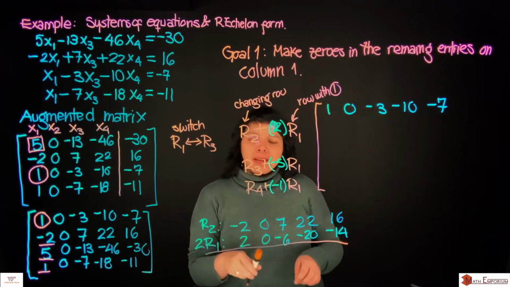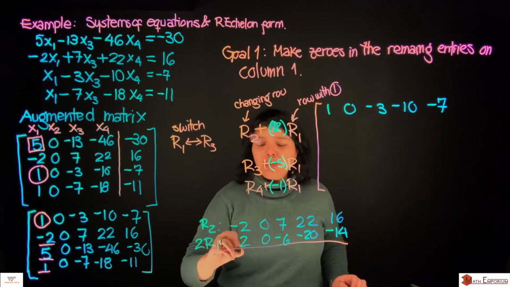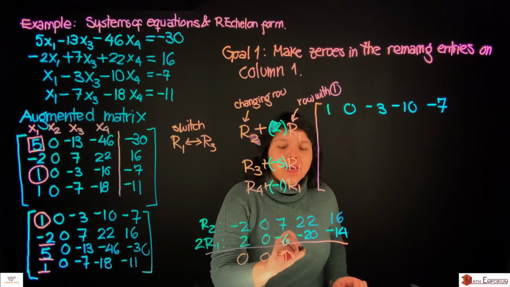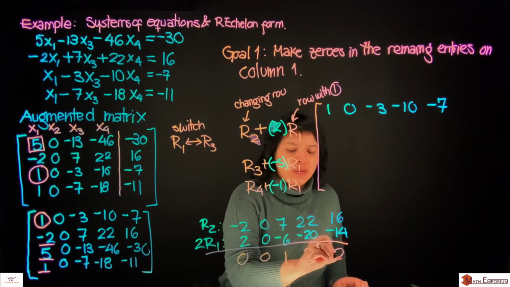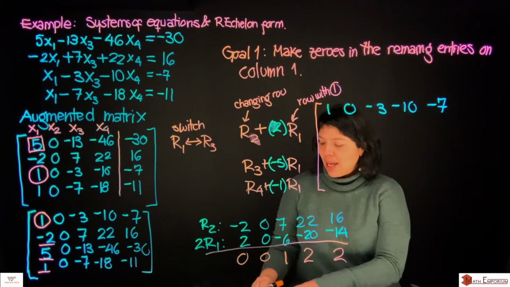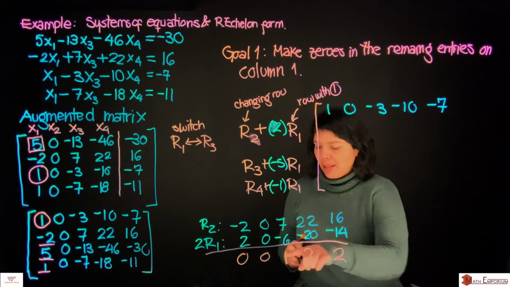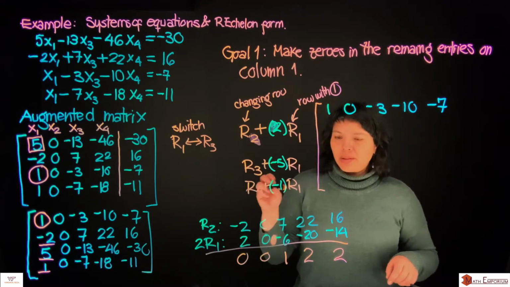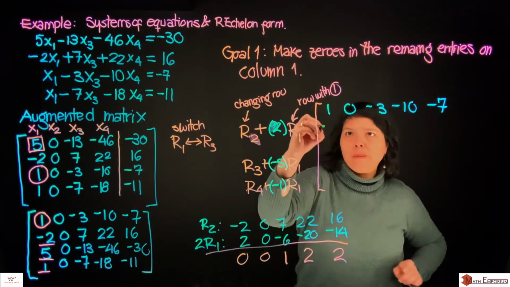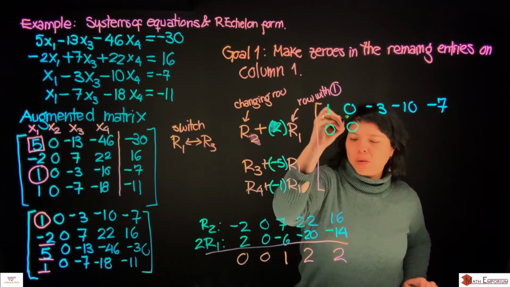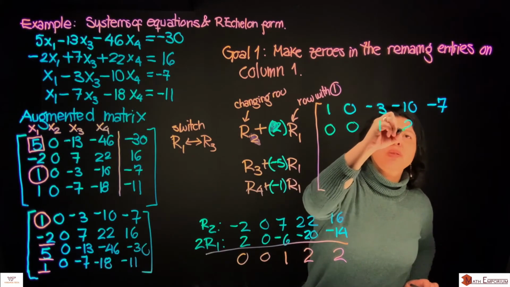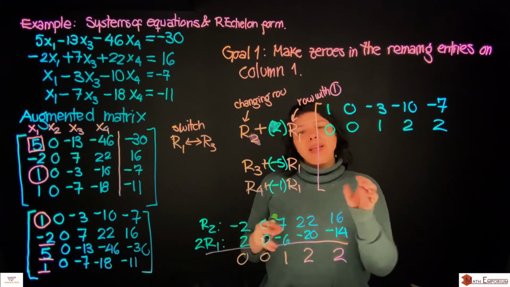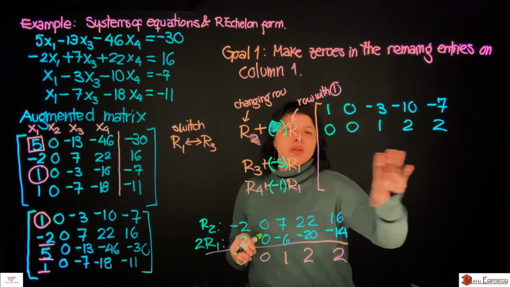And what I'm getting out of this is, of course, these give me 0, 0, so 1, 2, and 2. So that means that my new entry is going to have these 0, 0, 1, 2, and 2.